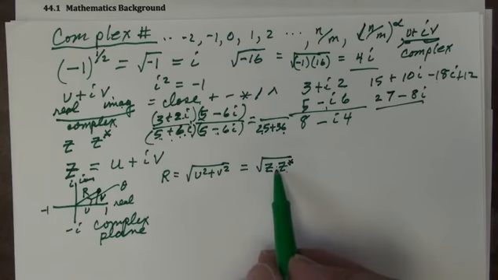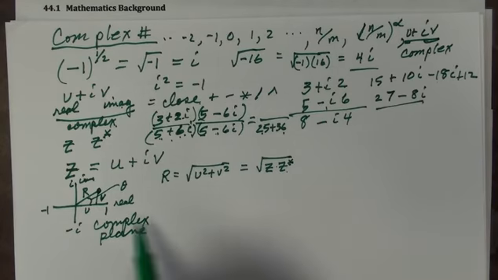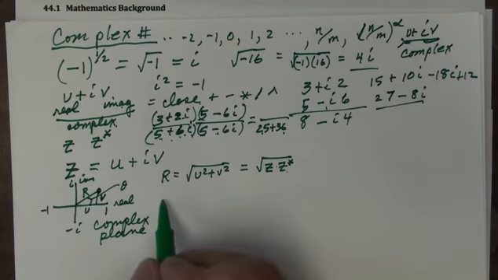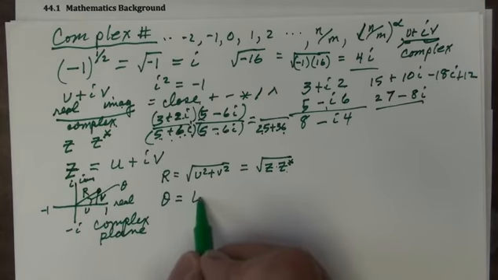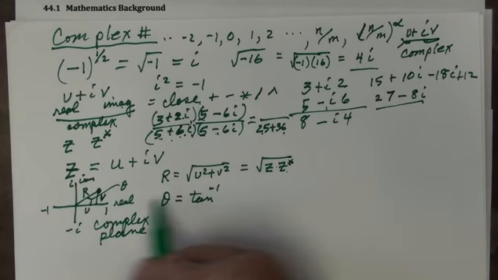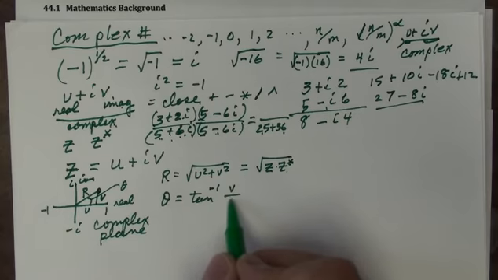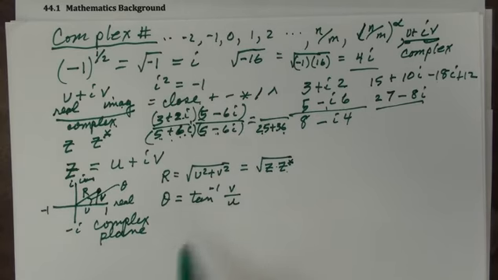And that's always a positive number, and it's real. Then I can take the square root of that, and it gives us, by the Pythagorean theorem, this number. Well, what is theta? Theta is, as you know, the inverse tangent of v over u. And therefore, I can take v over u, find the tangent, and write that as theta.